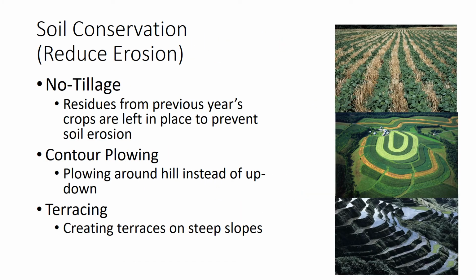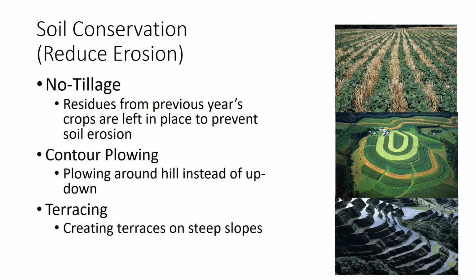So basically, soil conservation is reducing erosion. Traditional or conventional agriculture leaves the soil exposed to runoff and erosion, and so in sustainable agriculture, we want to really make sure that our soil doesn't go anywhere. And so there are a few methods in doing this. Before we talked about tilling our soil, and there's a method called no-tilling.